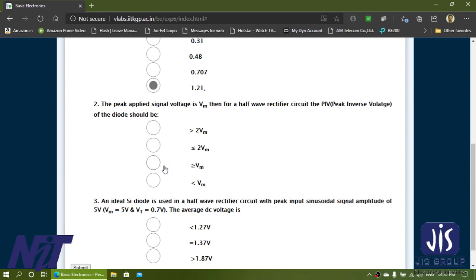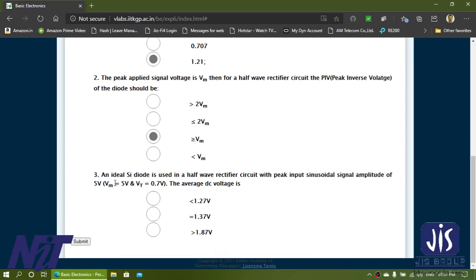So that your diode will sustain the negative peak when the negative peak arises at the anode side of the diode. So you choose your diode in this manner; the diode should have a PIV greater than your VM. So this will be your answer.